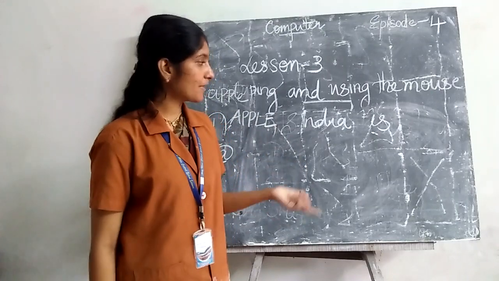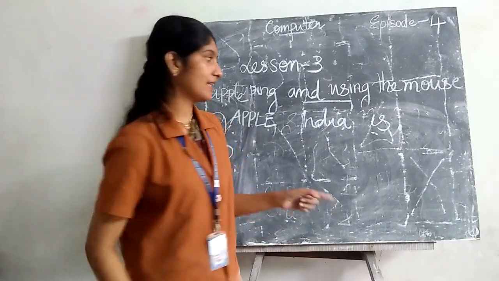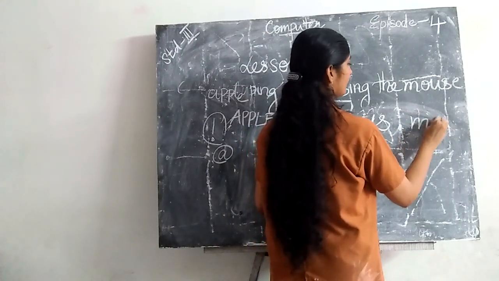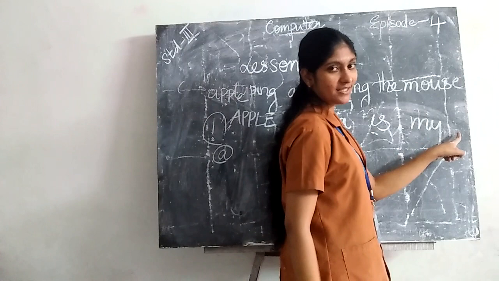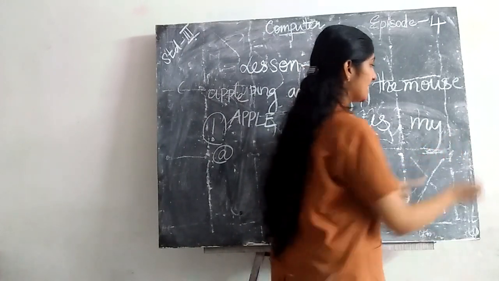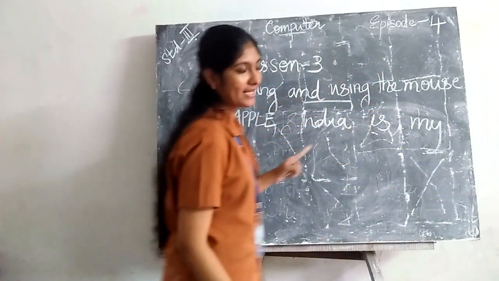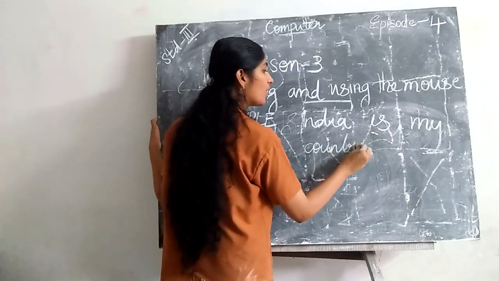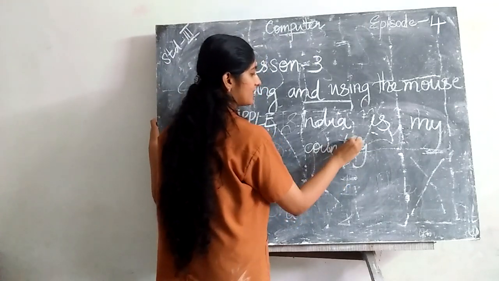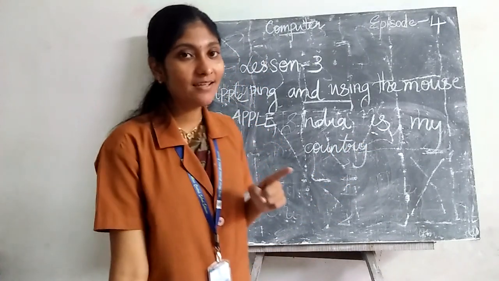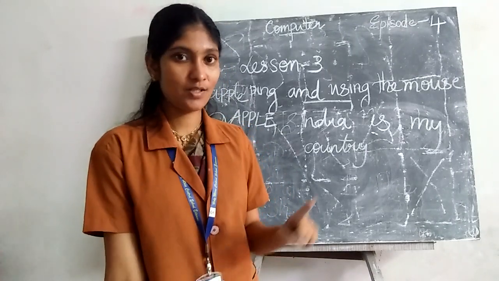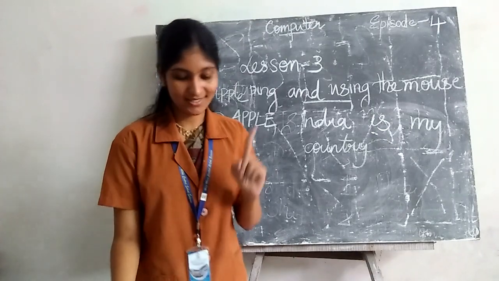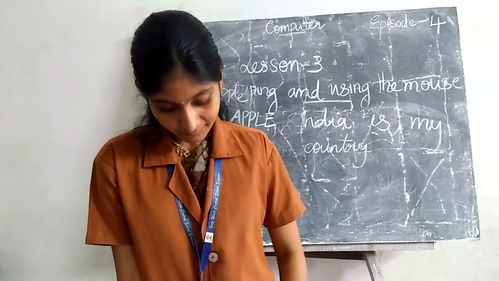Then press the spacebar key, and you create another space. Then India is mine. When we press the spacebar key again, it creates another blank space. Then country. So if you want to create blank spaces, which key can you use? The spacebar key. So the spacebar key is used to create blank spaces. Okay.